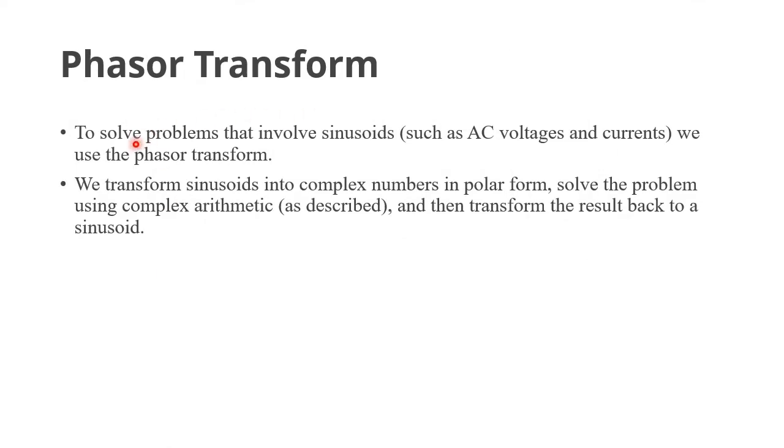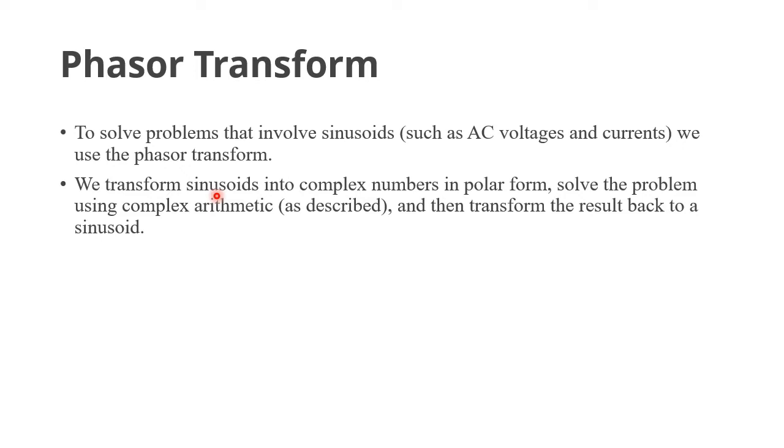Phasor transform is used to solve problems that involve sinusoids, such as AC voltages or AC currents. We use this phasor transform method when we deal with the arithmetic of sinusoids. For that reason, we have to follow some steps.